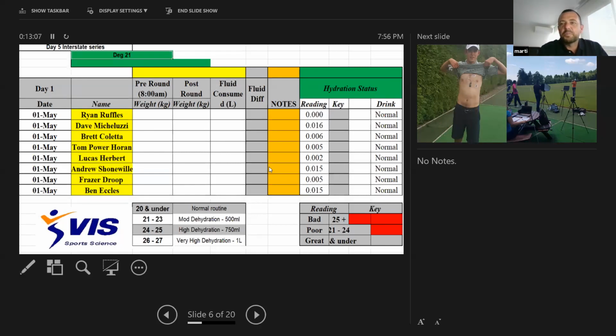Nothing that I enjoyed doing, but I think in the long term, it was definitely beneficial, because the stuff that we'll go into in the next few slides, and how that influences and affects heart rate, and from a mental point of view, from a pre-shot routine point of view, I think all that, the fuel in the body, is just massive.